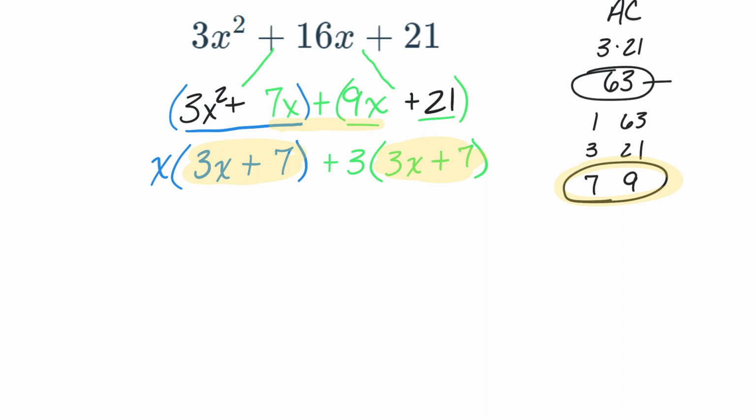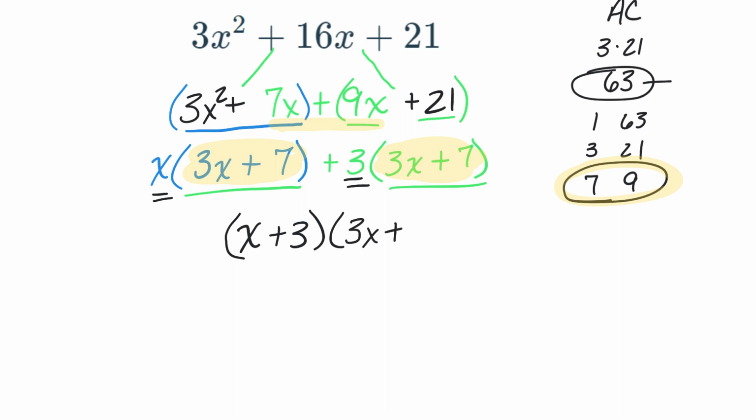So they should match. Now we have combining like terms here. We have a term that's being multiplied times 3x plus 7, and we have a second term being multiplied by the same amount. So what I'm going to do is take those two terms, the x and the 3, and combine them and multiply one time.